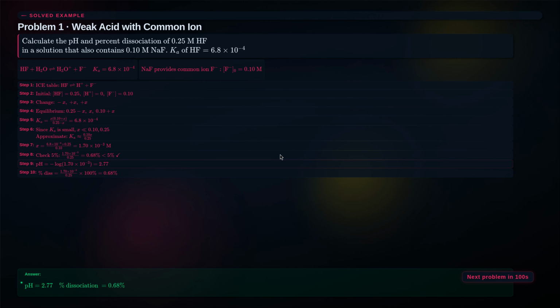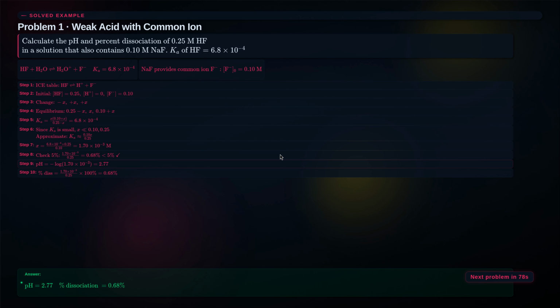Step 2. Write Ka equals X times (0.10 plus X) divided by (0.25 minus X) equals 6.8 times 10 to the negative 4. Step 3. Since Ka is small, X will be much less than 0.10 and 0.25.